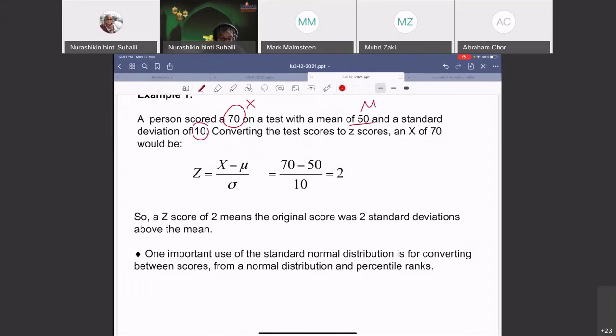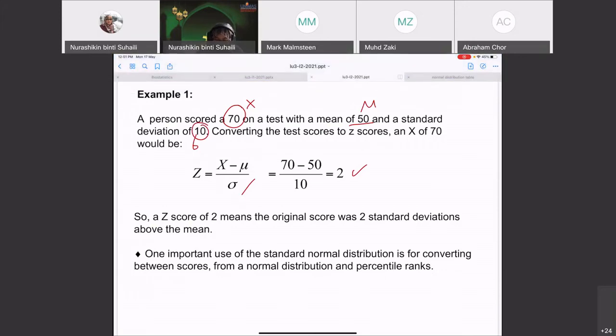Standard deviation is 10. So if you want to convert it into a Z value, the X now becomes 2, isn't it, by using this formula.